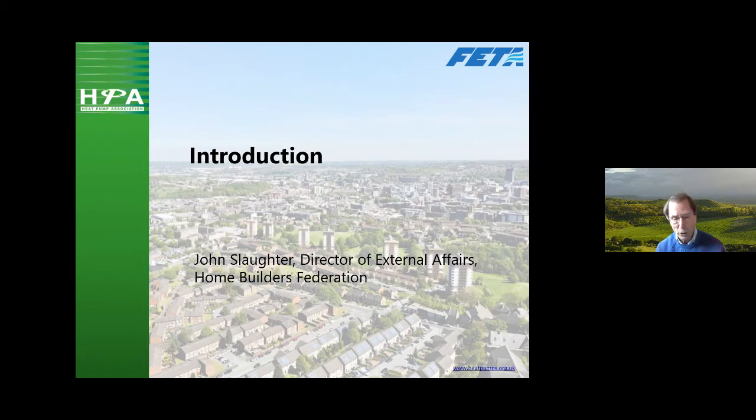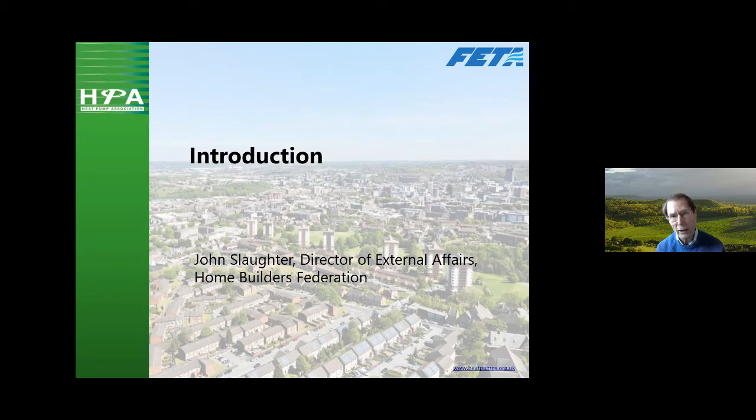Great thirst for knowledge and sharing of information in that sphere. And we see this as also an area where it's going to be important for HBF and our members to collaborate with other parts of the construction sector, with the manufacturers and suppliers who are represented through bodies like the Heat Pump Association, because we all want to get this right.